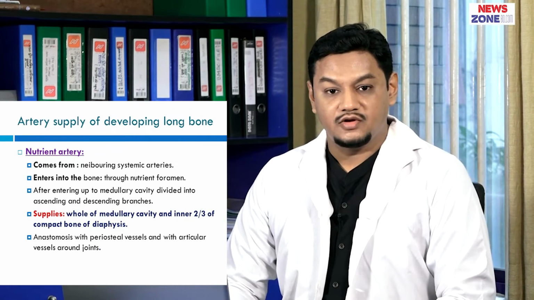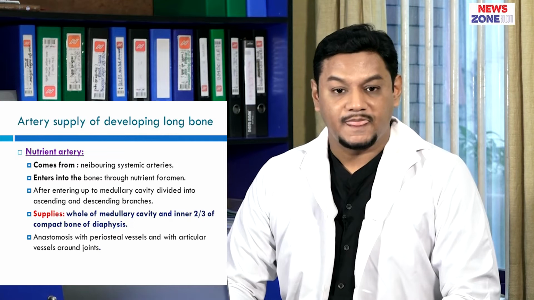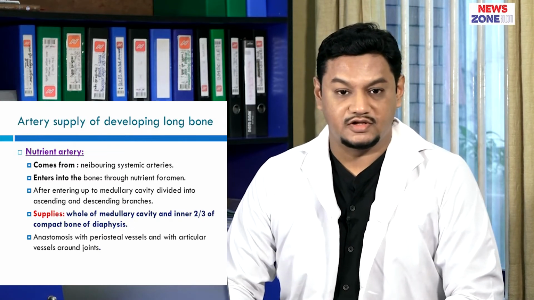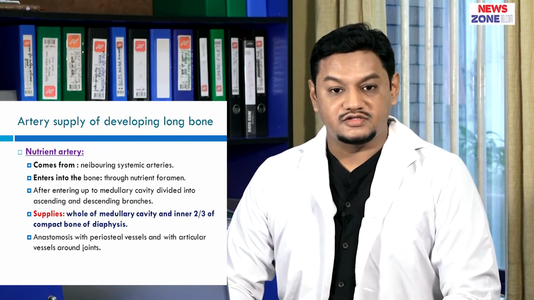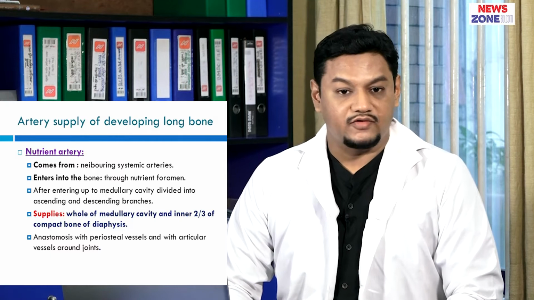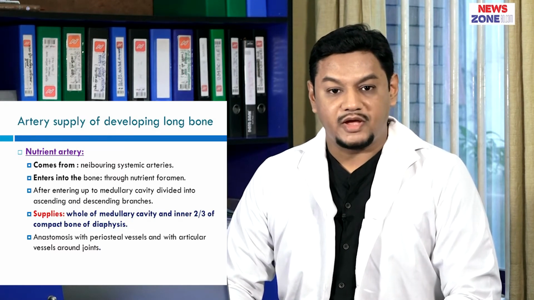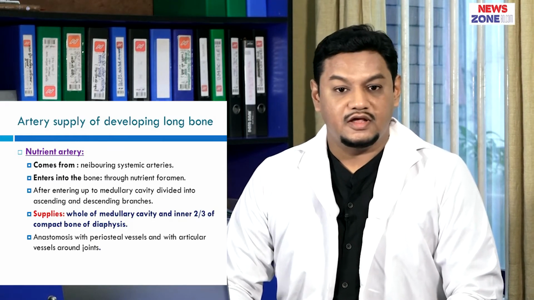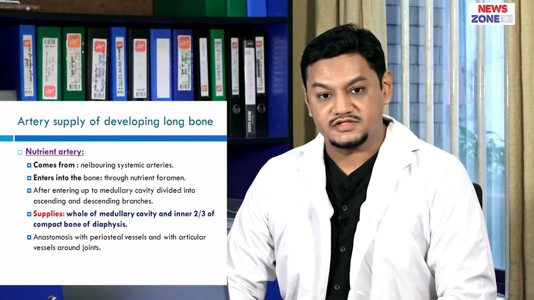Those branches will reach the metaphysis and epiphysis and anastomose with the epiphyseal and metaphyseal arteries there. So the main focus is that the nutrient artery is not only supplying the medullary cavity, but also the inner two-thirds of the compact part of the shaft or the diaphysis, and ultimately it will anastomose with the metaphyseal and epiphyseal arteries.